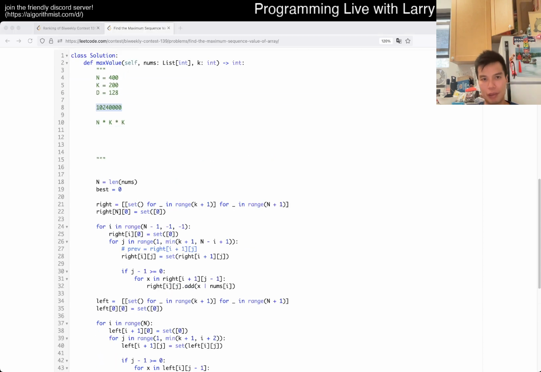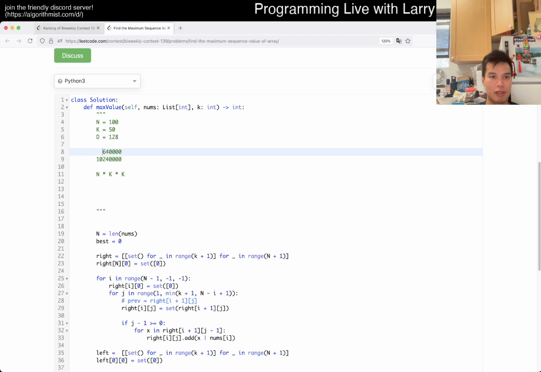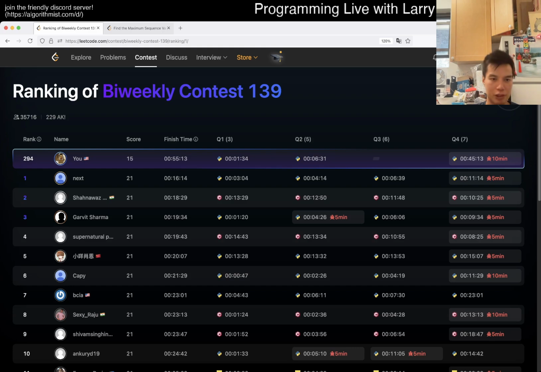I think this is a bullcrap problem, because if they had just made this like 150, it doesn't change the answer, but what is that? 100 times 50, 100 times 50 times 50. I don't know why they did it this way. What are you trying to do here, right?